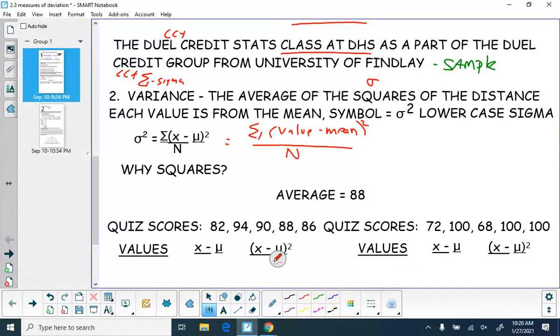So we have the sum of all the values minus the mean squared divided by our sample size. Or I'm sorry, population size. It's your population size.